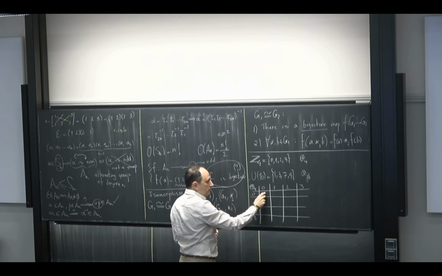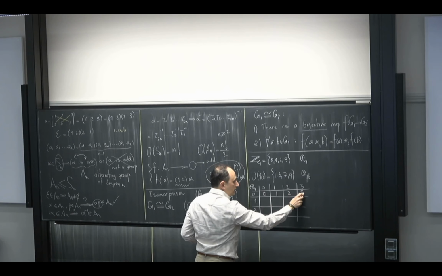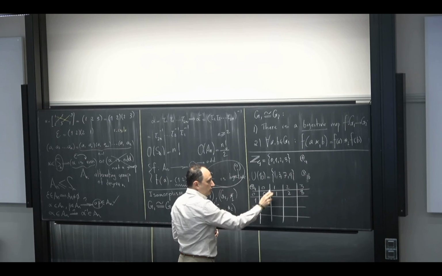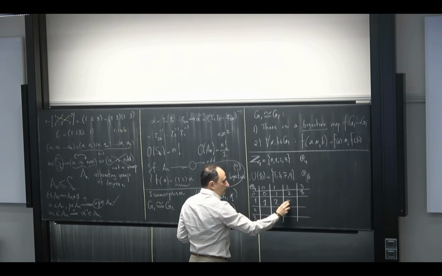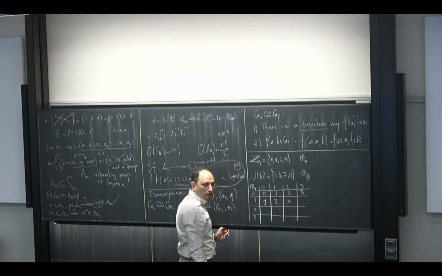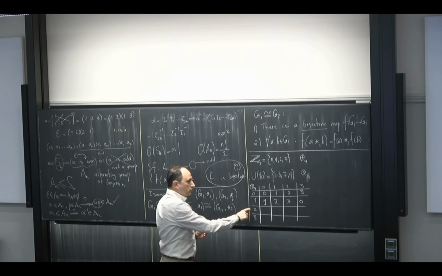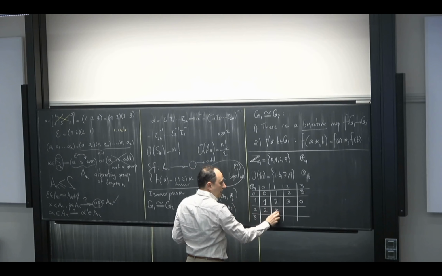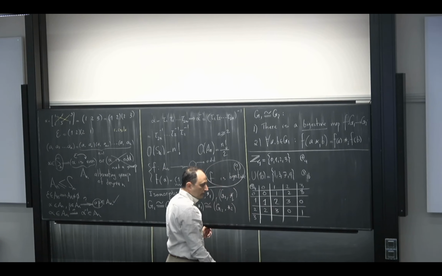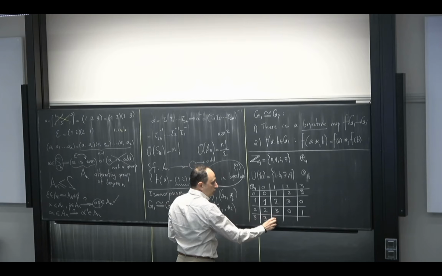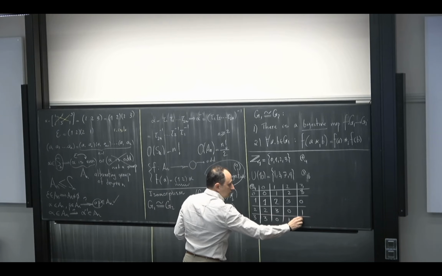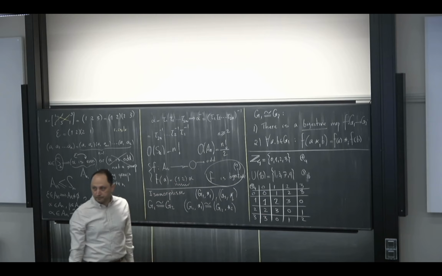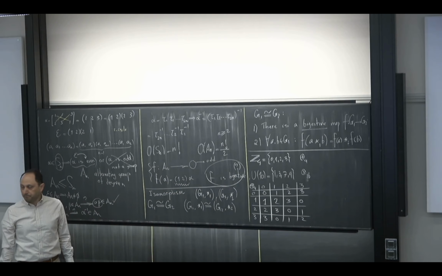So 0 plus 0 is 0, then 1, 2, 3. 1 plus 0 is 1, 1 plus 1 is 2, 1 plus 2 is 3. But 1 plus 3 is 4, and 4 mod 4 is 0. The remainder is 0. Then 2 plus 0 is 2, 3, and then 0, and then 1. And then 3, and 4, which is 0, and 1, and 2. That's my table. Yes?